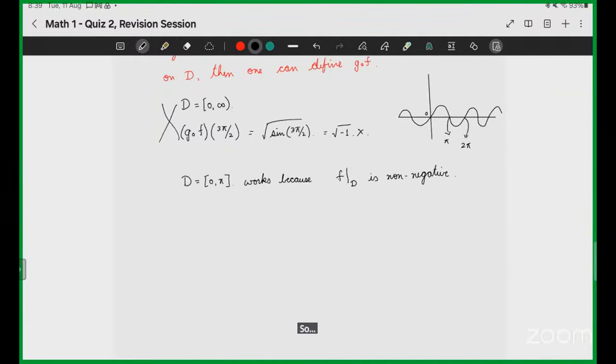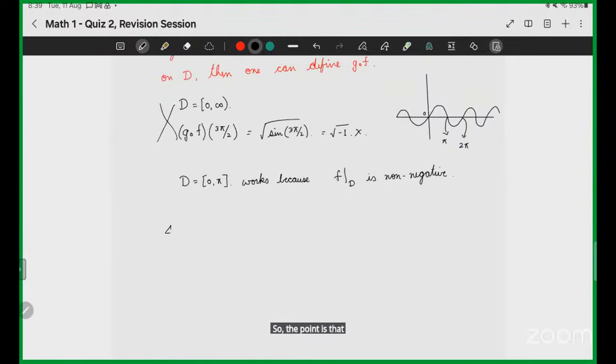So the point is that in general, to define, in this case, g of f, we need the range of f to be a subset of the domain of g, right?